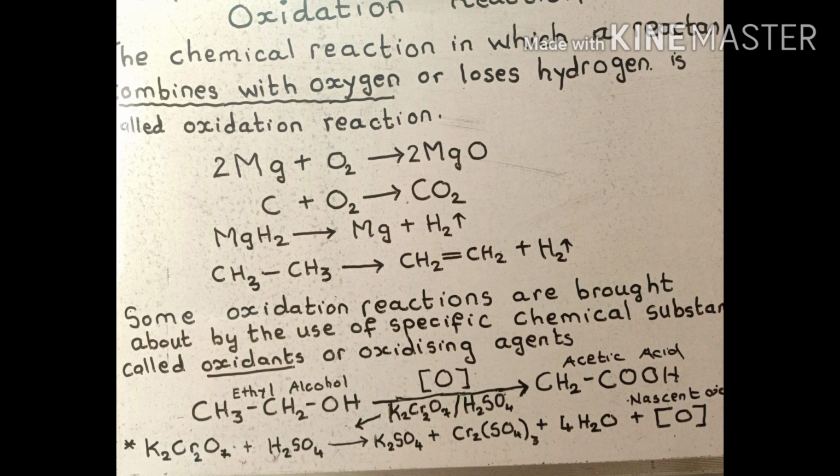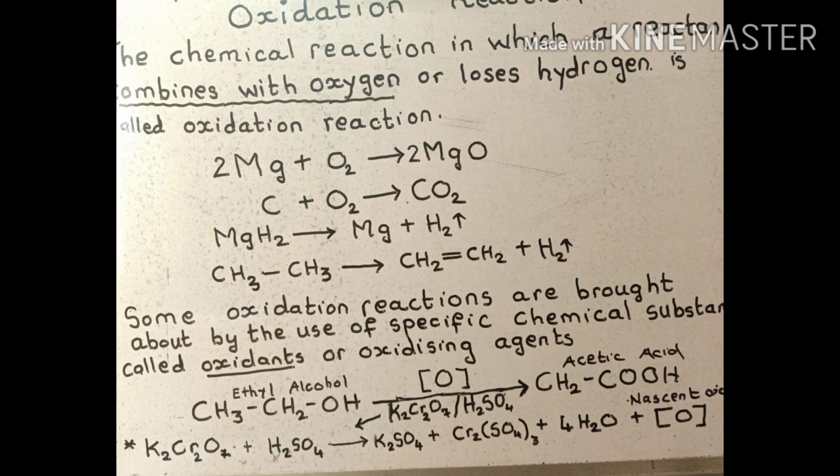Now, ethane is actually made to react with bromine in the presence of sunlight, and it gets converted into ethene. You can see CH2 double bond CH2, that is ethene. So ethane gets converted into ethene with the loss of hydrogen. You can see hydrogen being removed. So that's an example of an oxidation reaction.